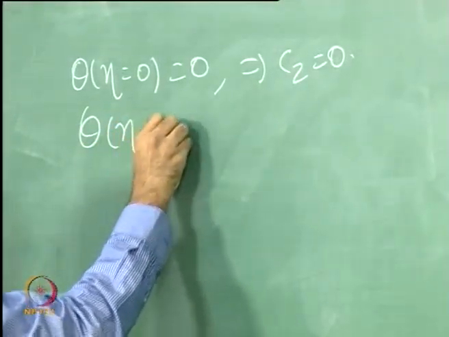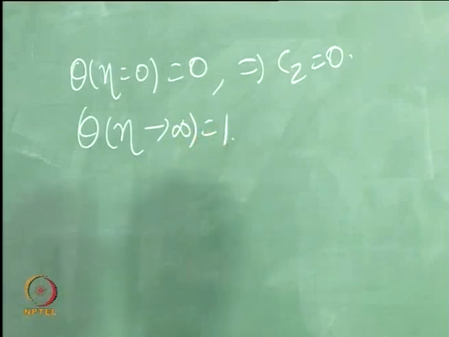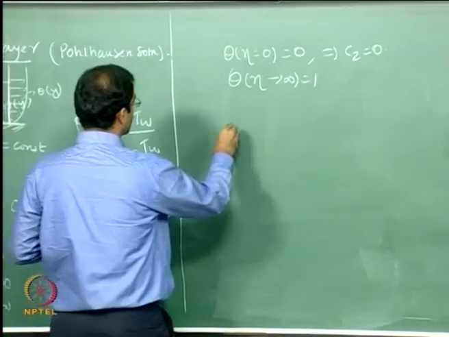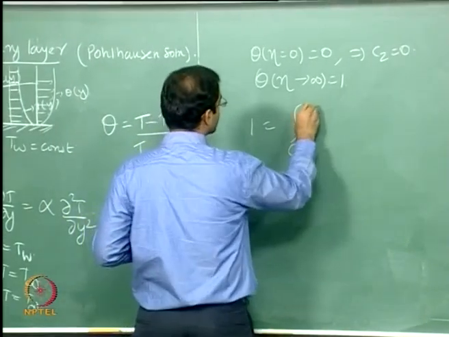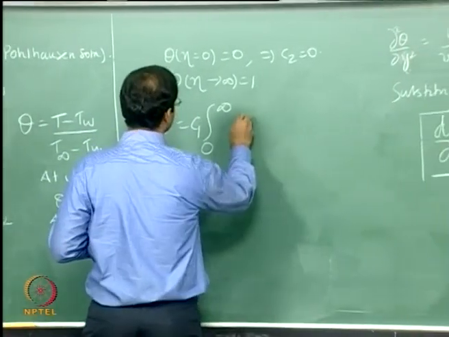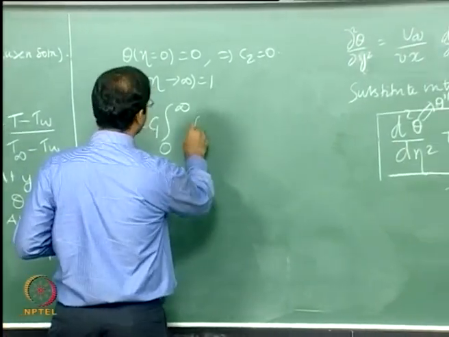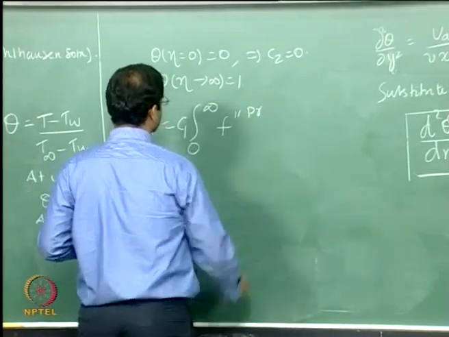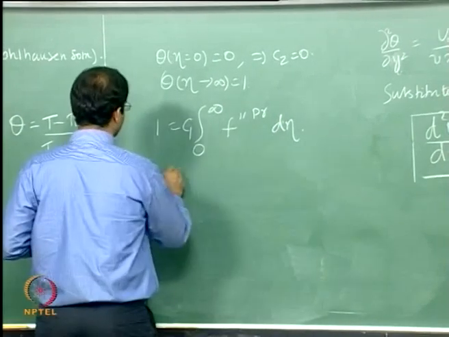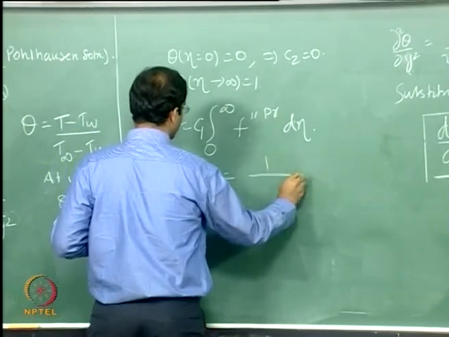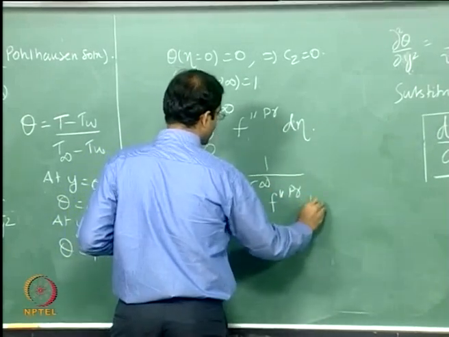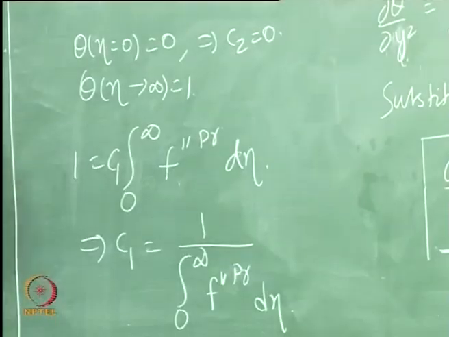And the other boundary condition is eta going to infinity, theta should be equal to 1. So as eta goes to infinity, 1 equals c1 times the integral from 0 to infinity. I take c1, which is a constant, outside, and this is f double prime to the power Pr d eta. Therefore c1 is nothing but 1 divided by the integral from 0 to infinity of f double prime to the power Pr d eta.